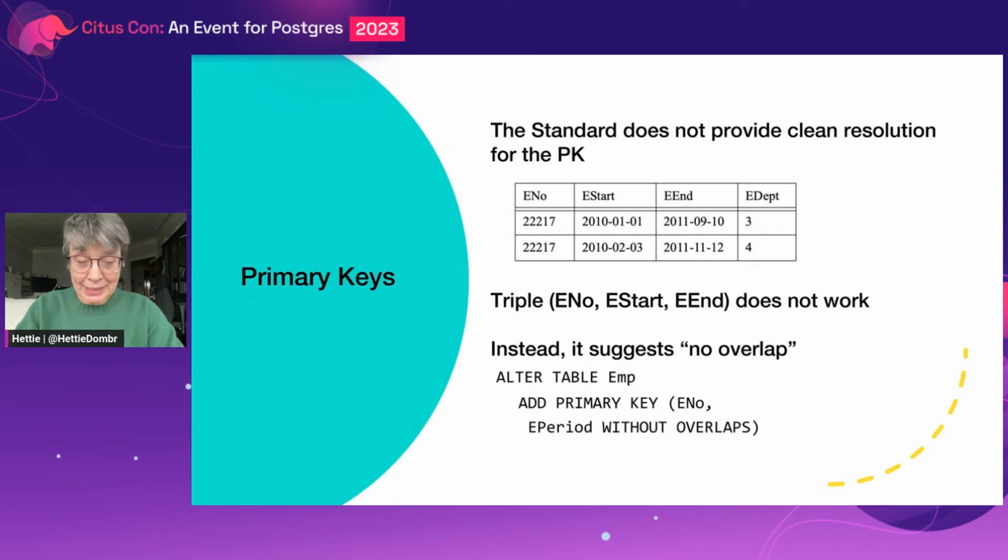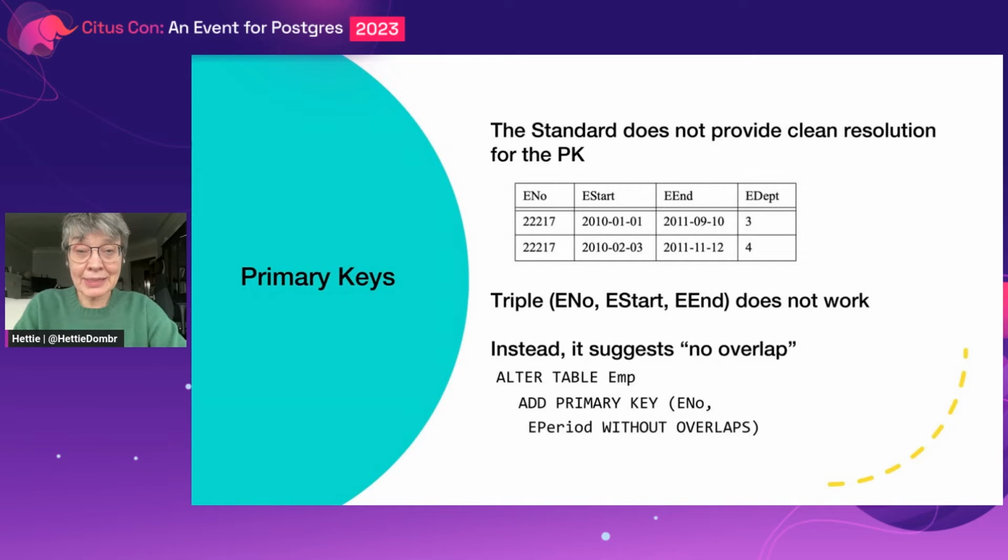So, primary keys. The standard does not really define clearly what the primary key is for temporal tables. Because if you think, okay, we have an actual primary key and then we have period start and period end, these three together should be a primary key for the temporal table. But no, and you know why? Look at this example.